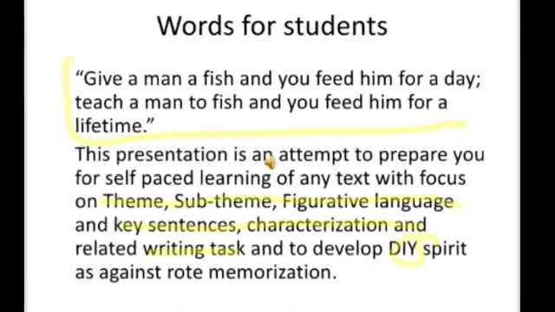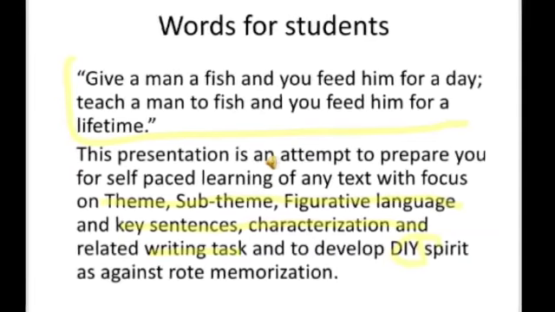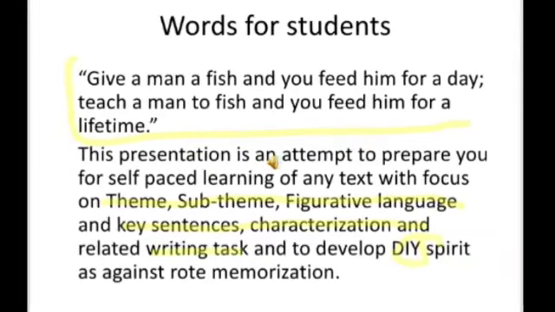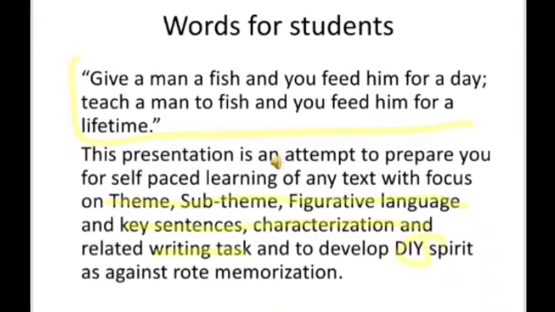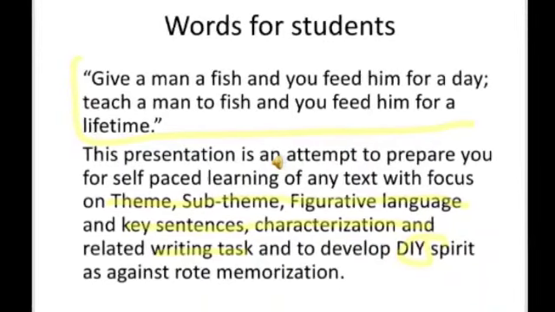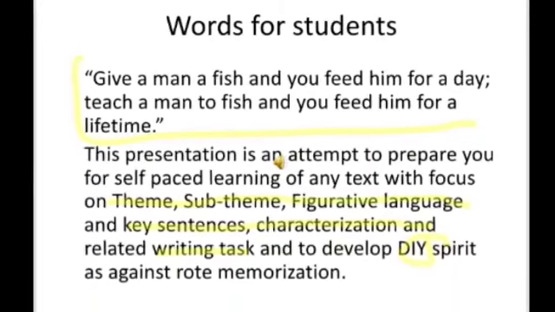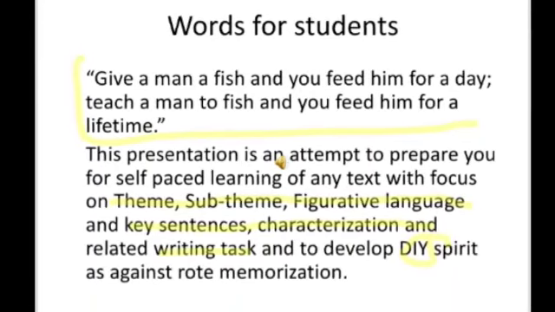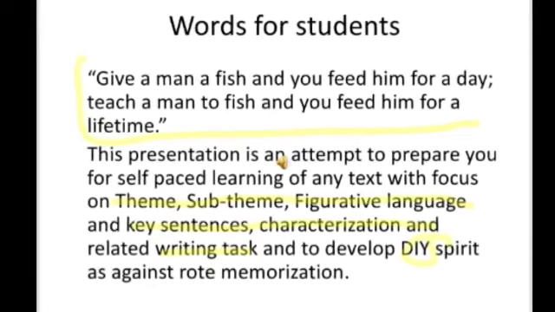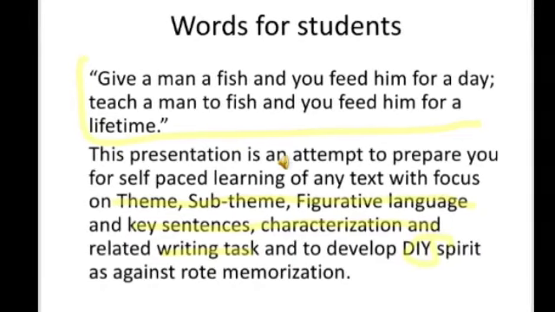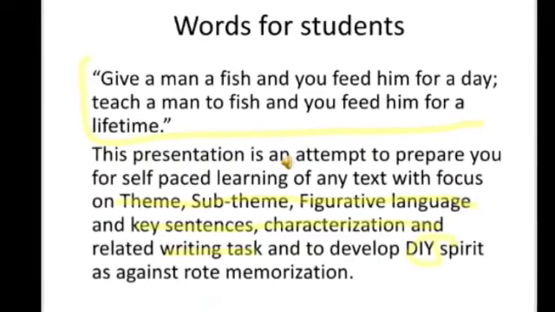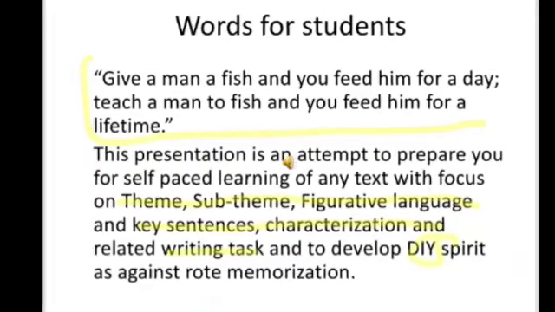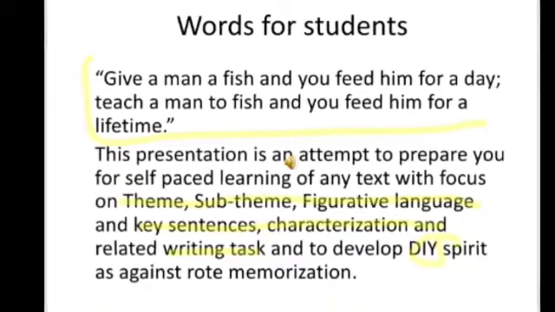If you want to read any English text, what will you have to do? Generally, students go for rote memorization, and it becomes very difficult for them to put their thoughts down at the time of examinations. So, when you are reading any text, your focus should first be on the major theme and the sub-theme of the text.